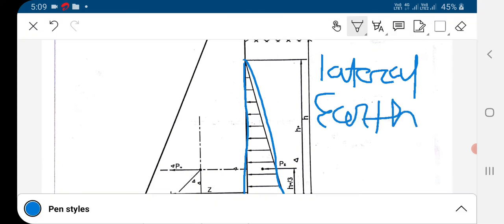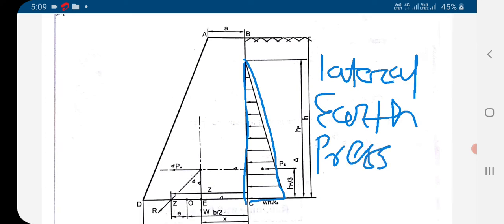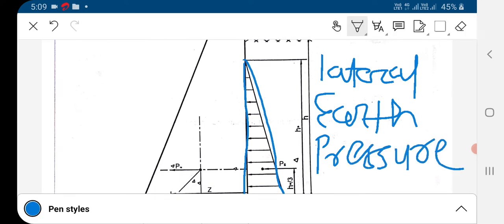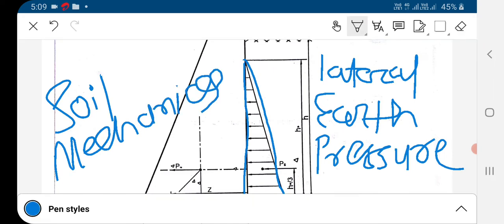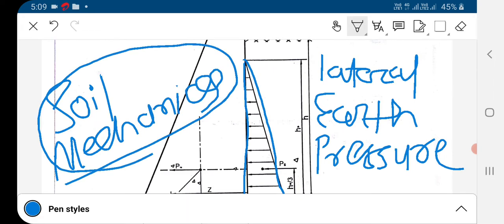Generally you will study this lateral earth pressure in detail in the subject named soil mechanics.